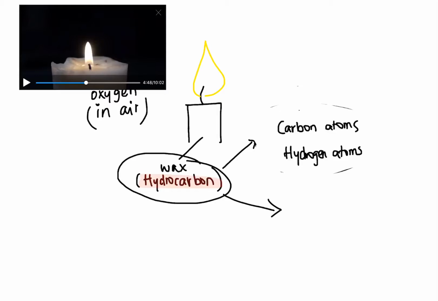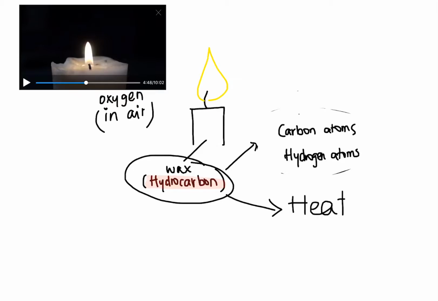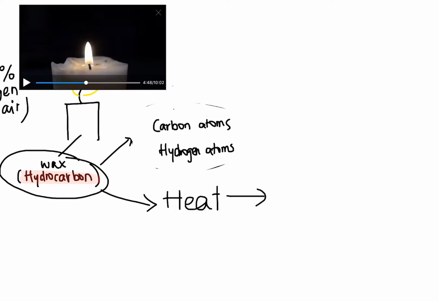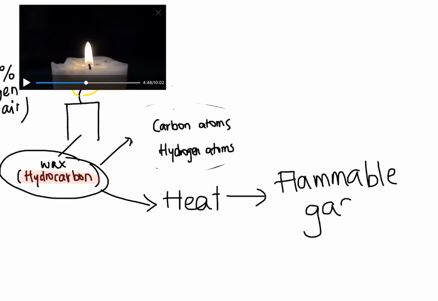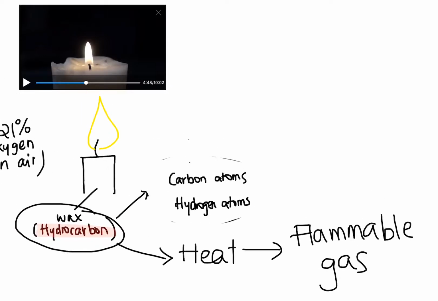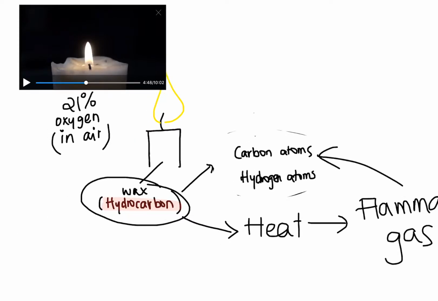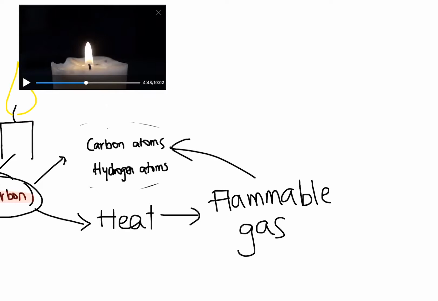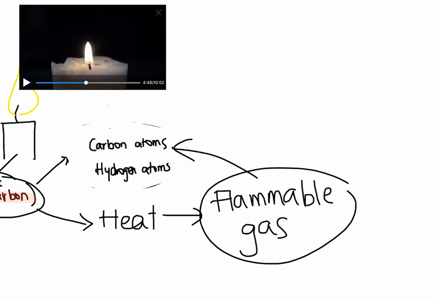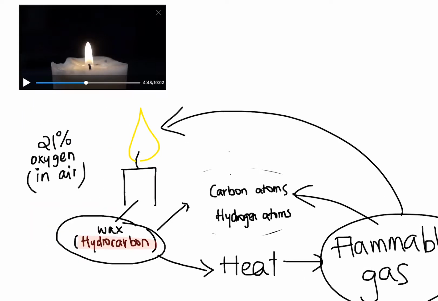Because of the heat, it breaks down into a very flammable gas, which contains carbon atoms and hydrogen atoms, and it's this flammable gas that catches fire. This flammable gas is what becomes the fire.